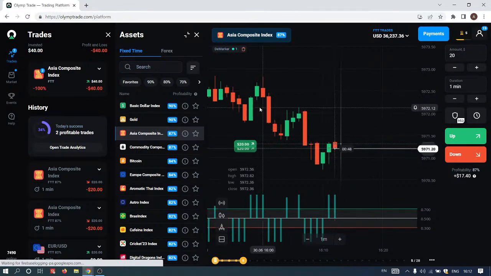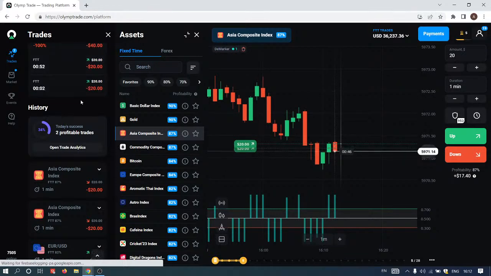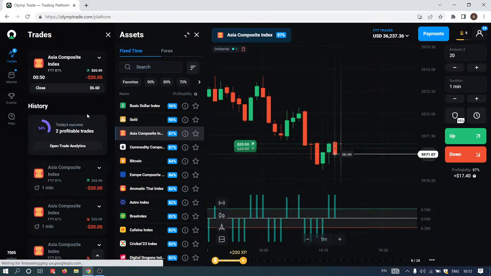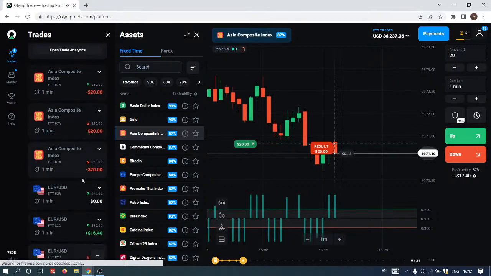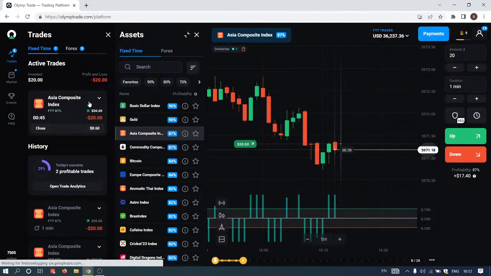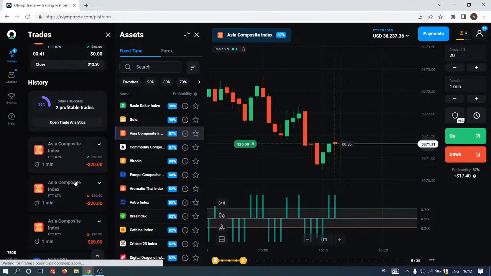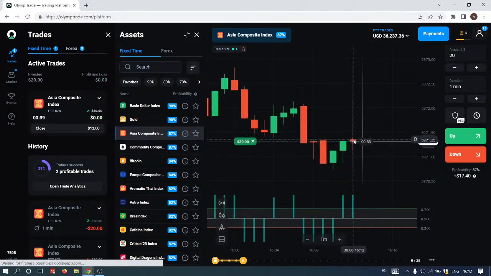All right, so let's see. Okay, so a little bit of an unlucky wave here. So 1, 2, 3 trades closing with a loss, but we'll see. And on the current candlestick, we already have one signal. It points upwards, and this trade is in the upwards direction.